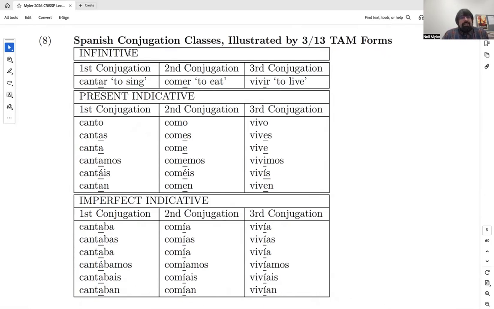There are 3 conjugation classes. The first conjugation has the theme vowel a, as in cantar. The second conjugation has the theme vowel e, as in comer, to eat. And the third conjugation has the theme vowel i, as in vivir, to live.